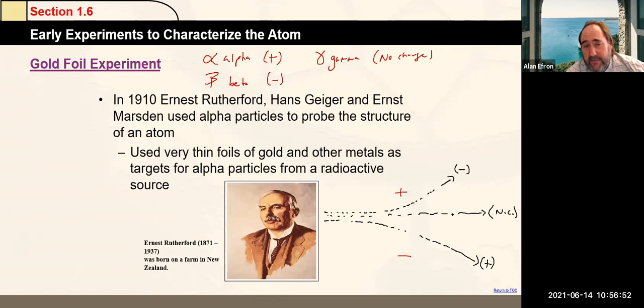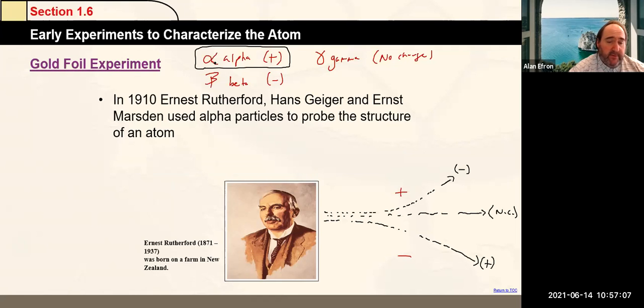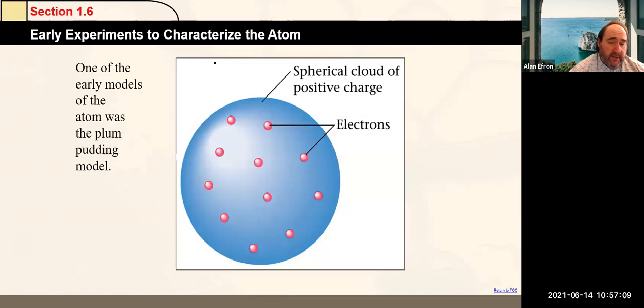Basically, he took little pieces of gold and other metals, which are basically atoms, and he shot alpha particles at them. He was going off the assumption of the plum pudding model we saw here.